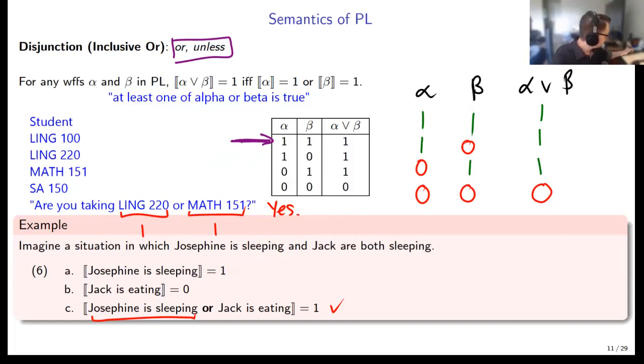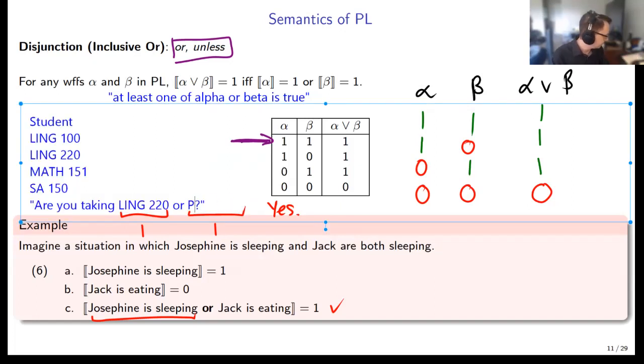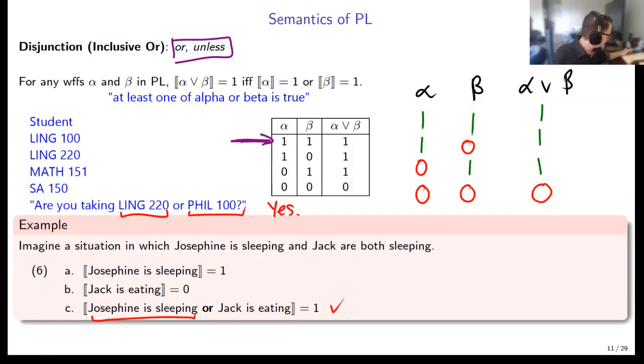If you were to change this and you were to say, or Fill 100. Well, maybe I should use a different color. Maybe I should actually use green for that. Well, you'd still expect them to say yes because they're taking LING 220.